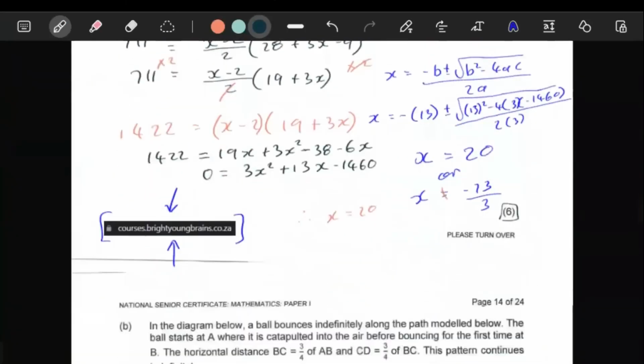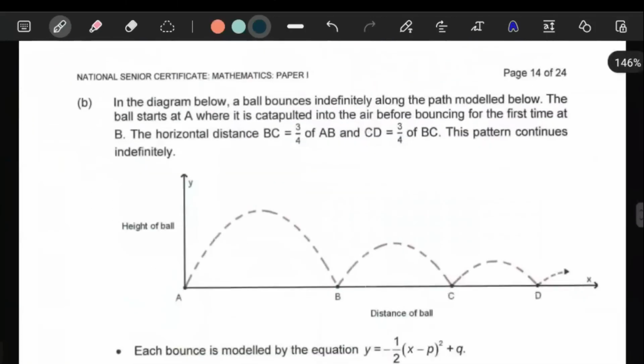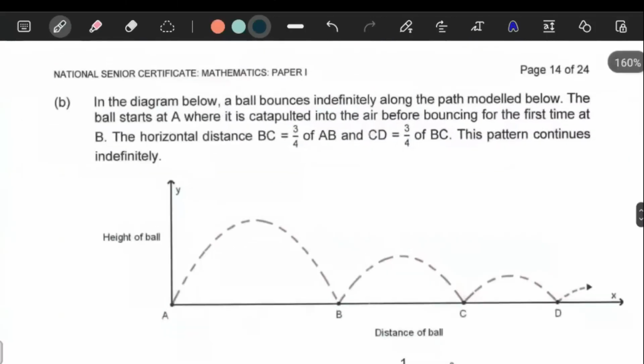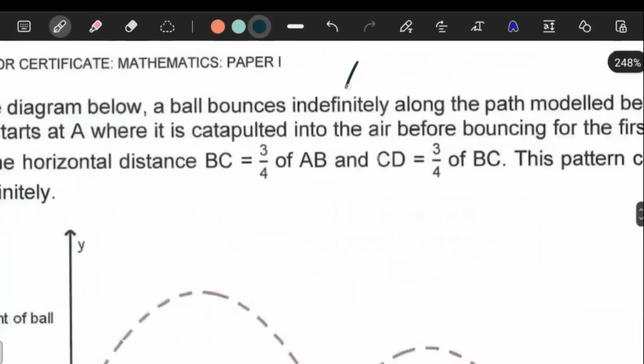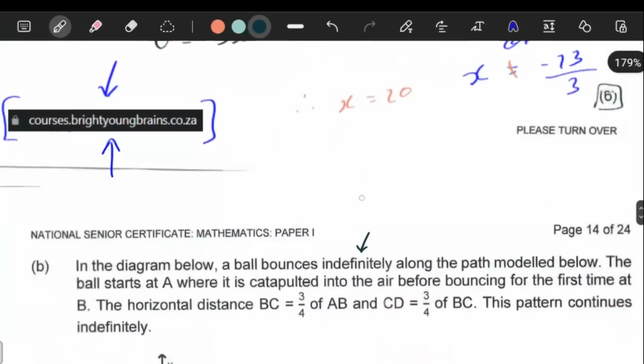Let's go. B here says, in the diagram below, a ball bounces indefinitely. So the whole word indefinitely here, since you're dealing with sequences and series, this should make you think of sum to infinity.